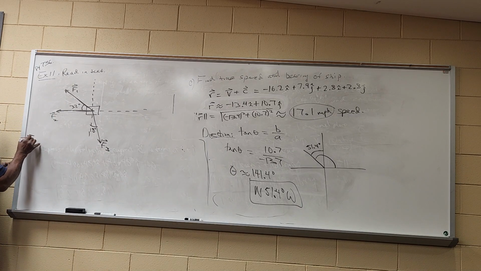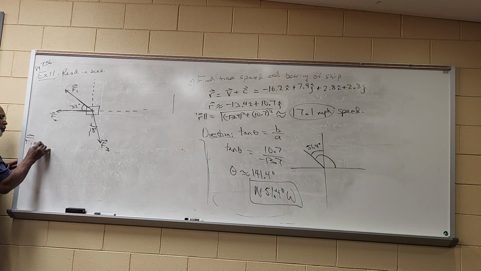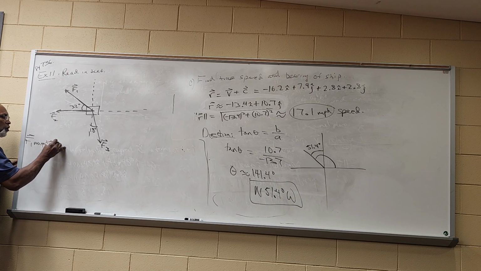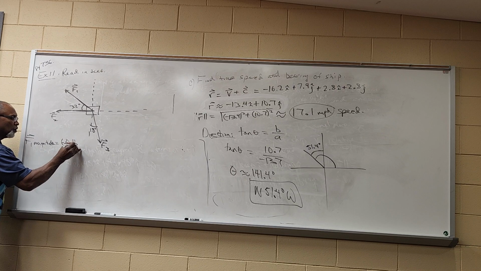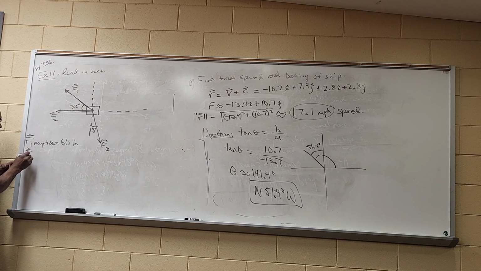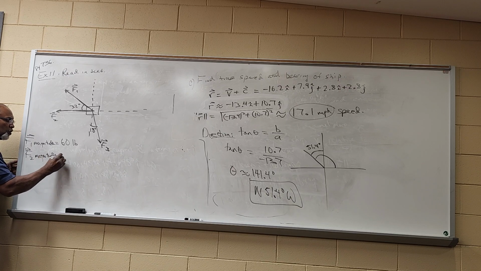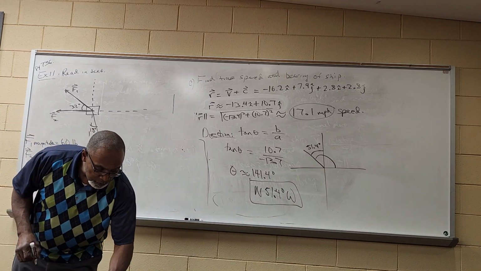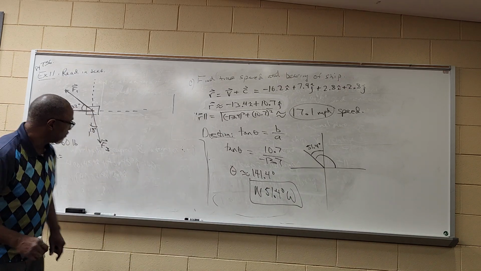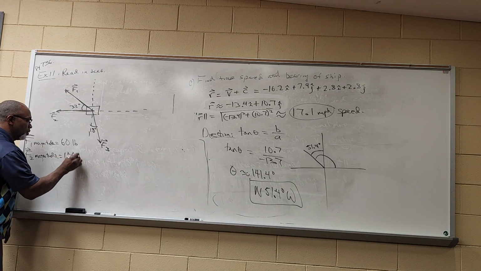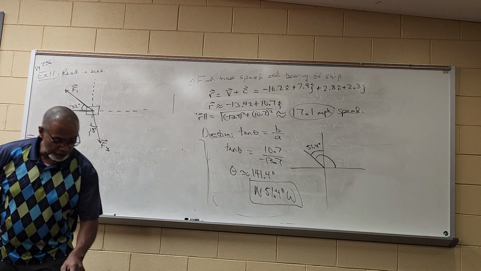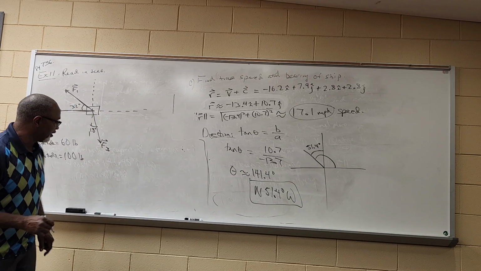So F1 magnitude equals 60 pounds. F2 magnitude is equal to 100 pounds. And F3, they say the magnitude is 85 pounds.